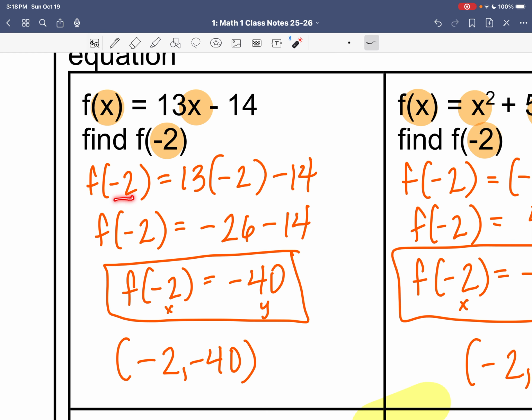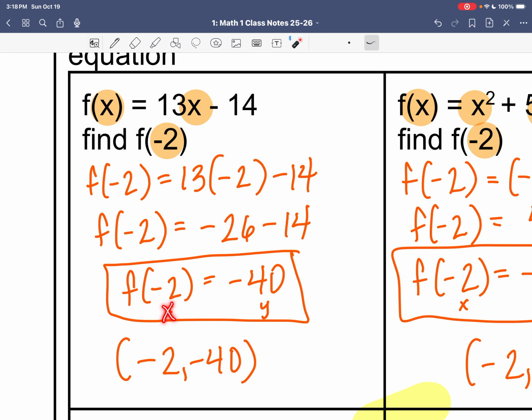So if you notice, I put it here, and then 13 times negative 2, and again, substitute it in, then go ahead, simplify it, and you're going to have f of negative 2 equals negative 40.